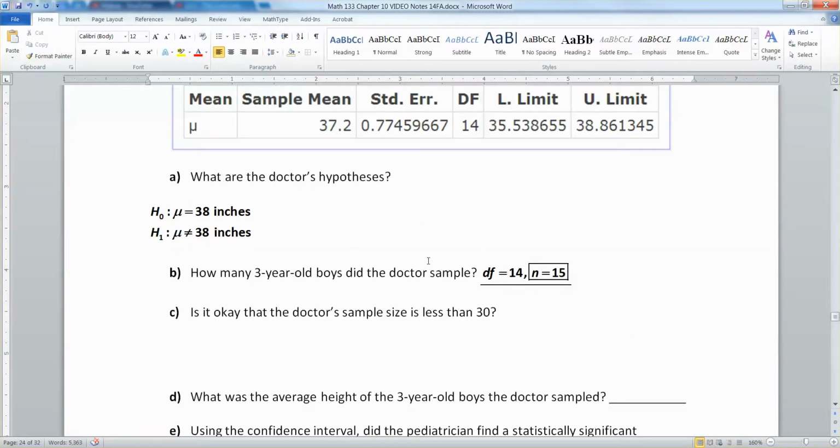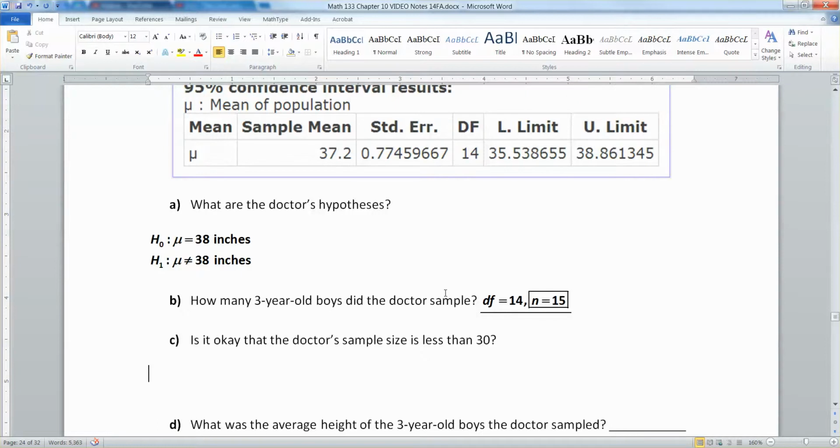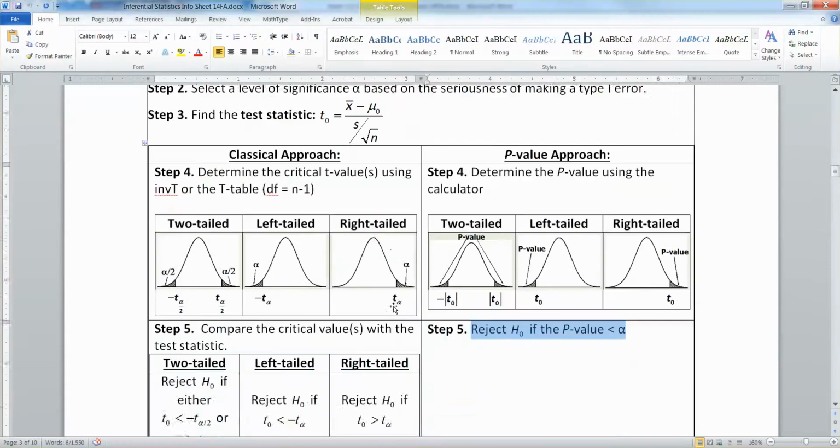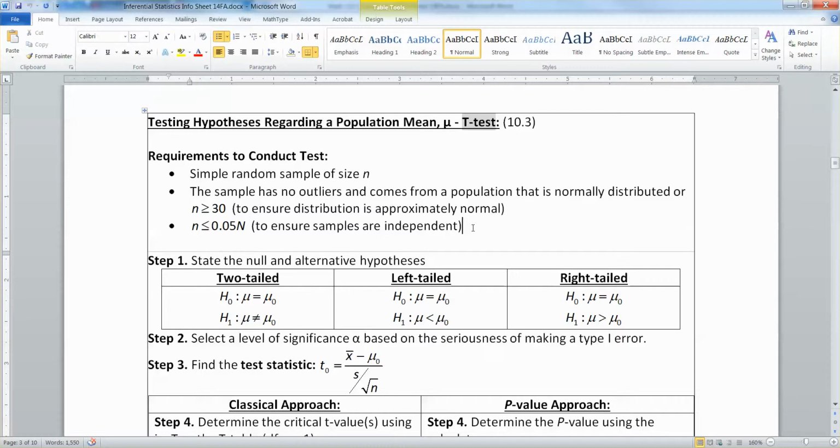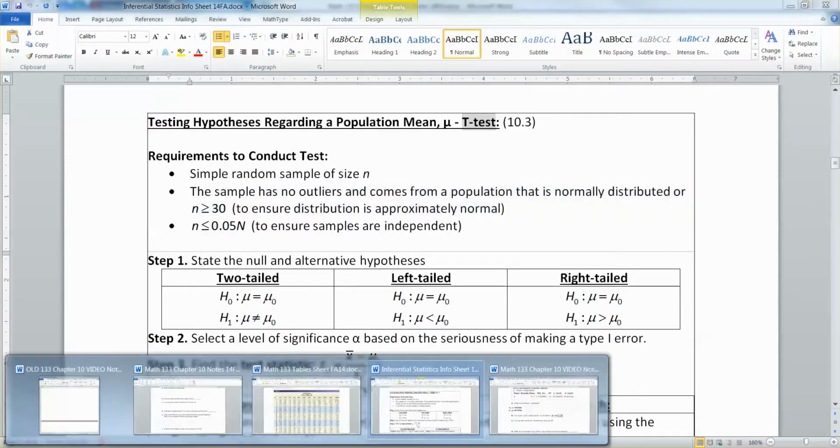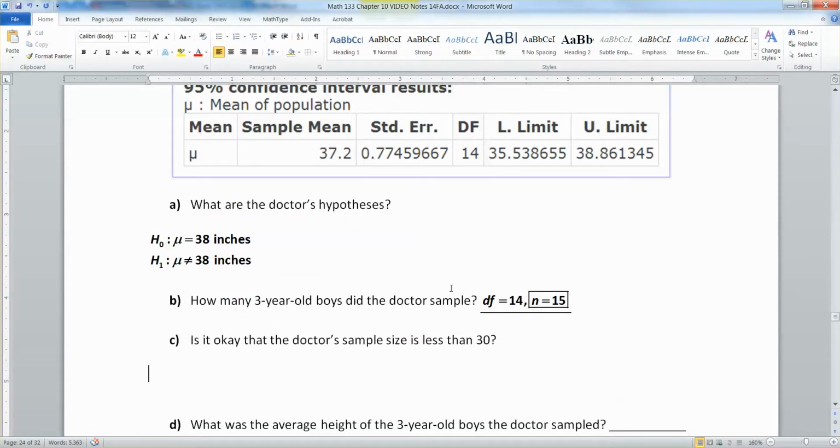Well, that's a good question to ask because for both the confidence intervals and the hypothesis test, we have the same assumptions. Let me go back to them right here at the top. We need a simple random sample. We have that. We need n to be less than 5%. We surely have that. But is it okay that he only has a small sample size of 15 little boys?